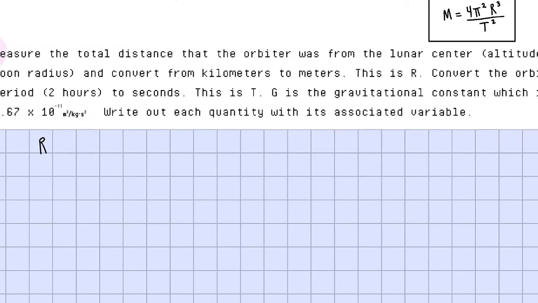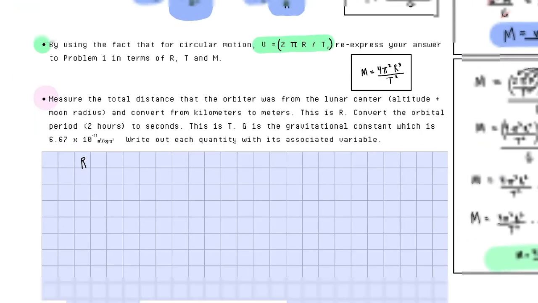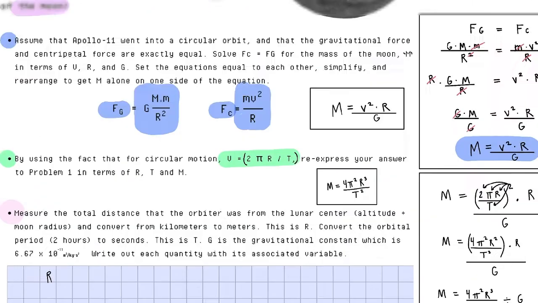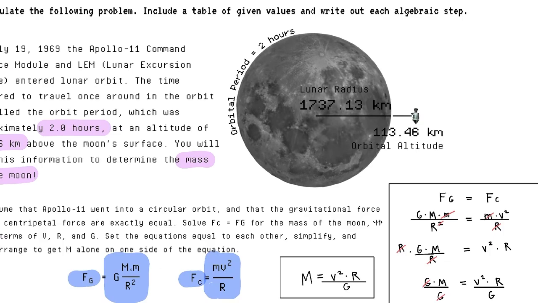the distance from the lunar center to the distance at which the orbiter is away from the moon.